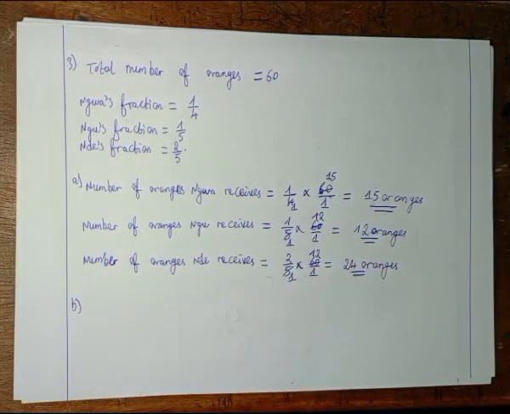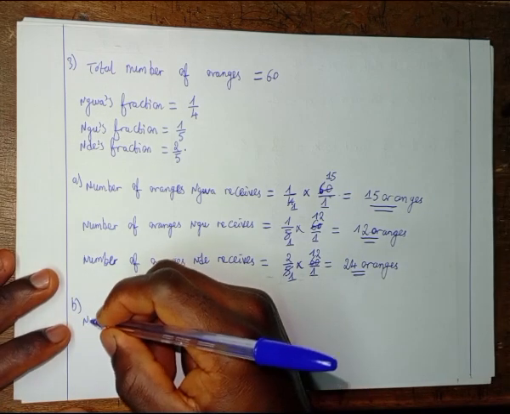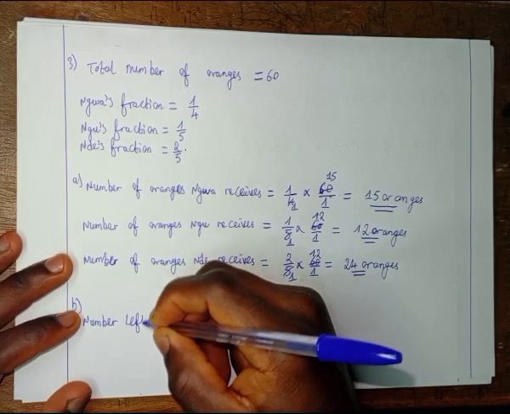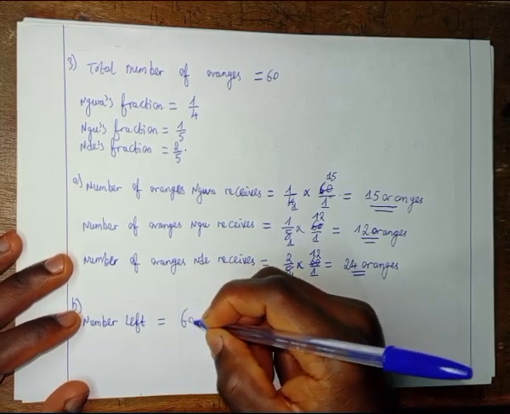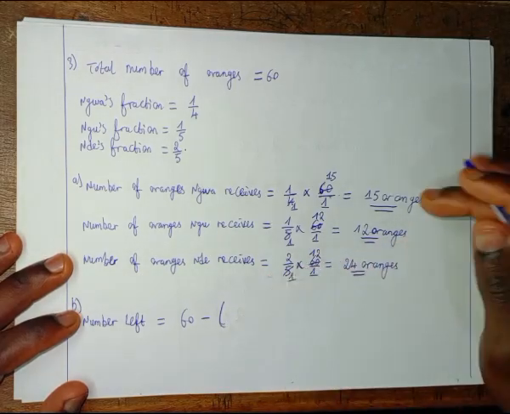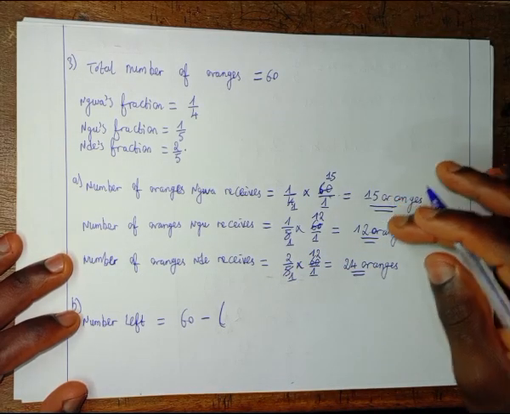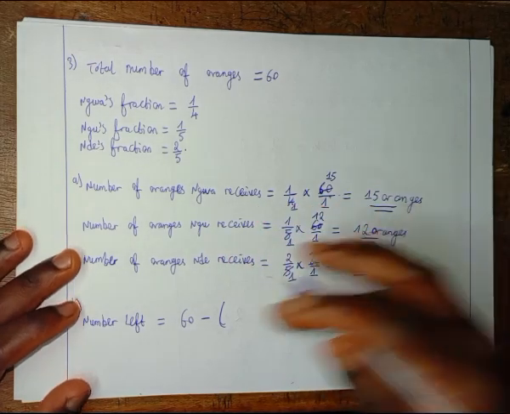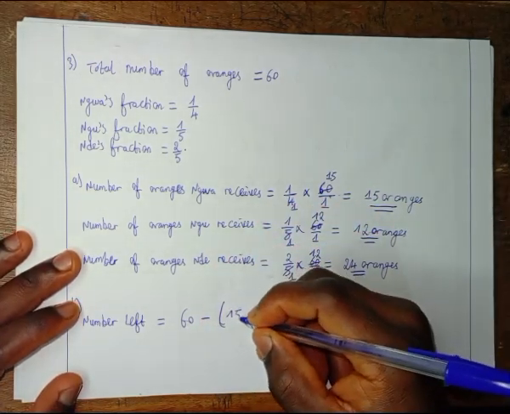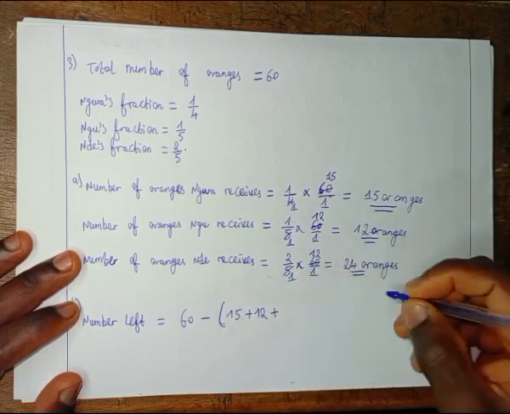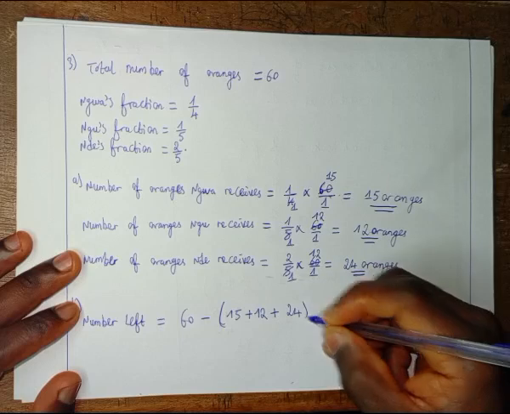Question B says we should find the number of oranges left. The number of oranges left will simply be equal to 60 minus the number of oranges Ngwa receives and the others. 60 minus 15 plus 12 plus 24.